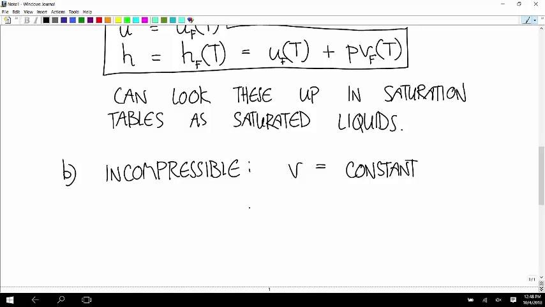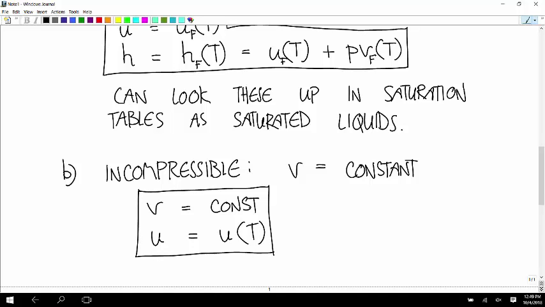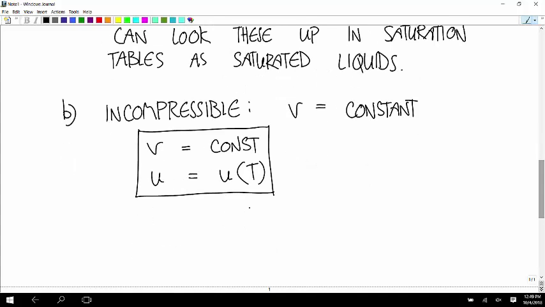For this model, we're going to assume that specific volume is a constant, and that specific internal energy is a function of temperature only. So these are our two assumptions. And we're going to get some things out of this.